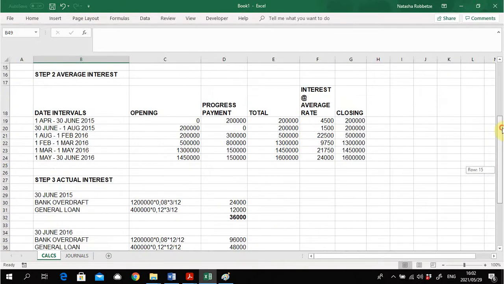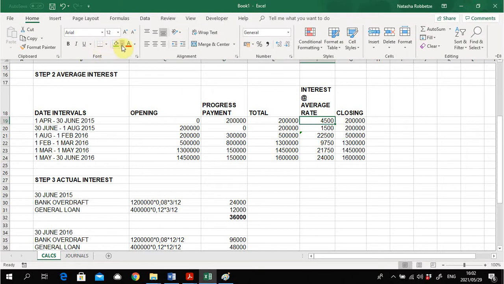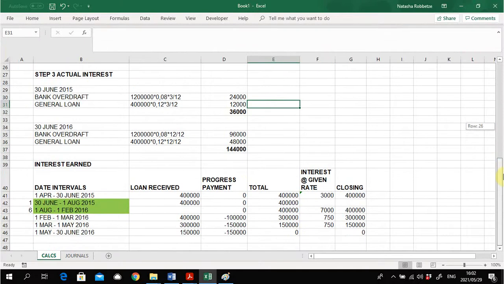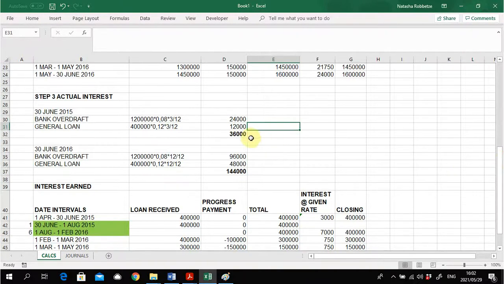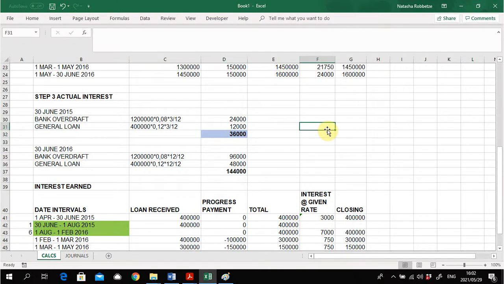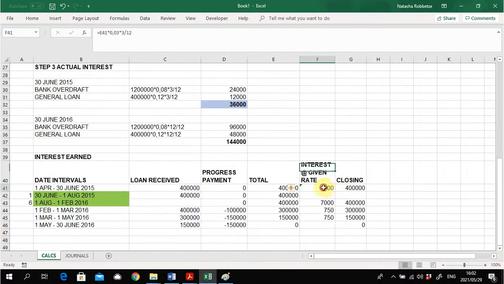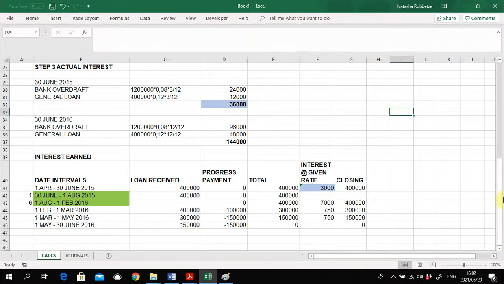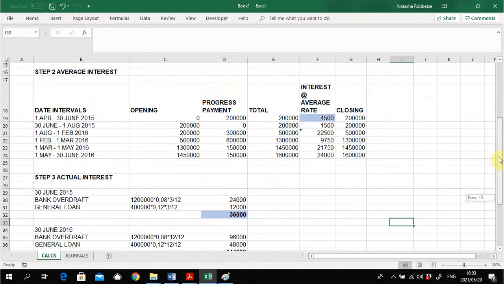So we are going to record the average interest, we are going to record our actual interest, and we are going to record our interest earned. So now you can see from the tables, it's easy to read what I need to account for.